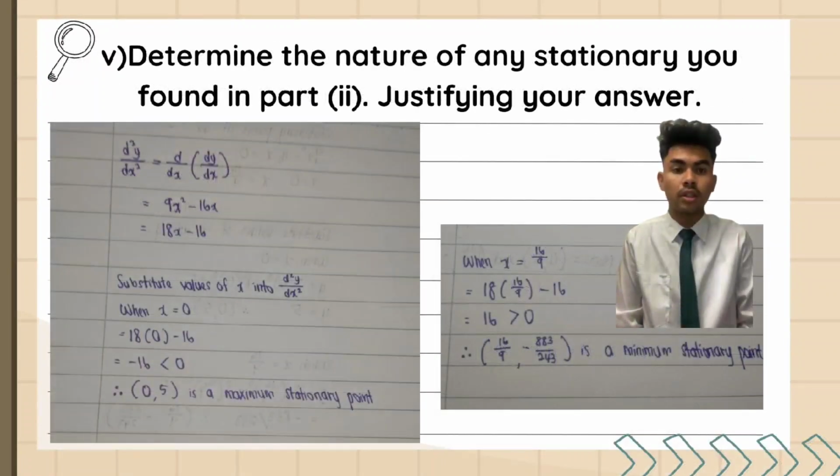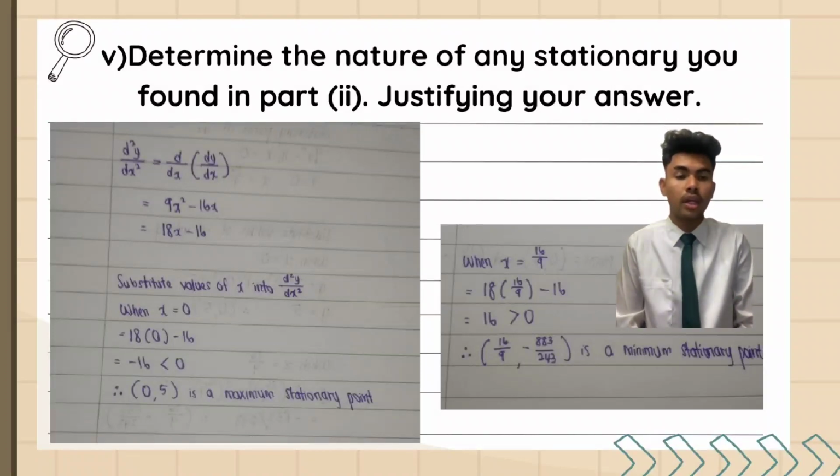Next question, to determine the nature of any stationary point you found in part 2, justifying your answer. So firstly, we need to find the d square y over dx square, that is, we differentiate again the dy over dx equation. We get the d square y over dx square is 18x minus 16. Next, we substitute the value of x that we got at question 2 into d square y over dx square.